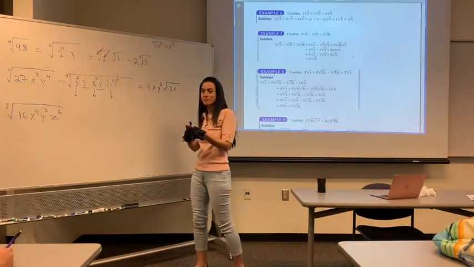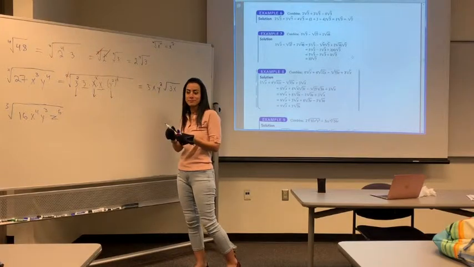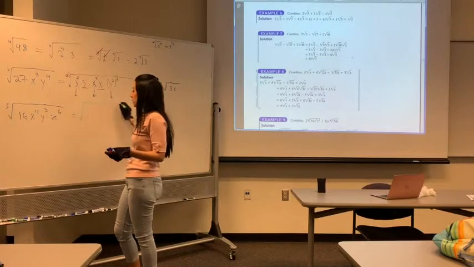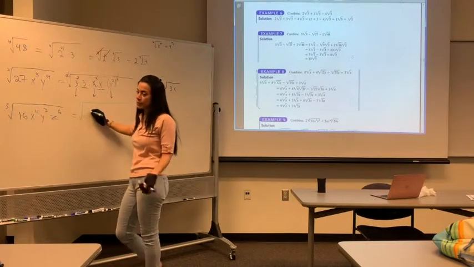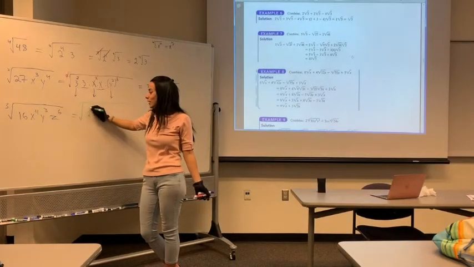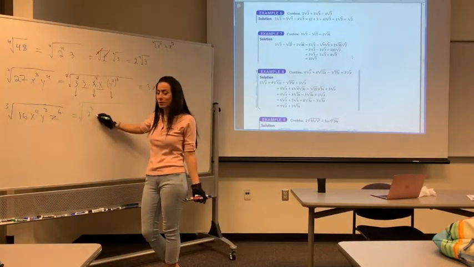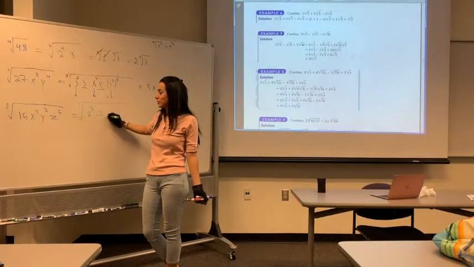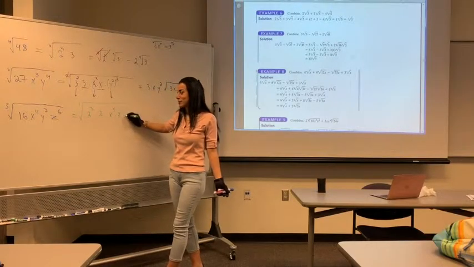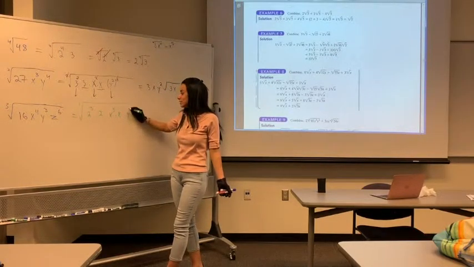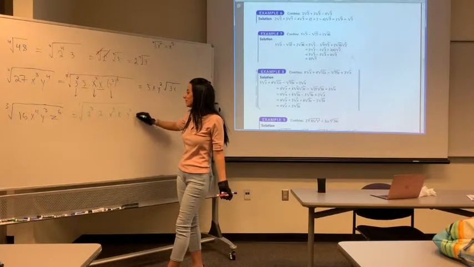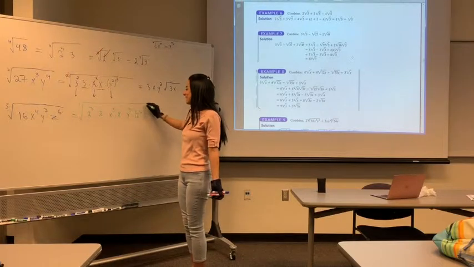Shall I solve it? Okay, so 16 is, tell me, 2 power 3 multiplied by 2, multiplied by x power 3, multiplied by x, multiplied by z power 3.